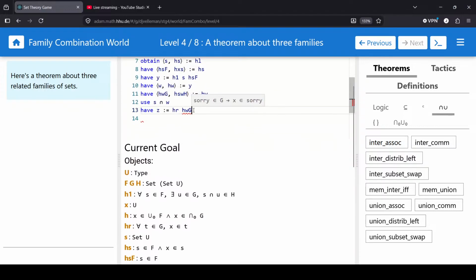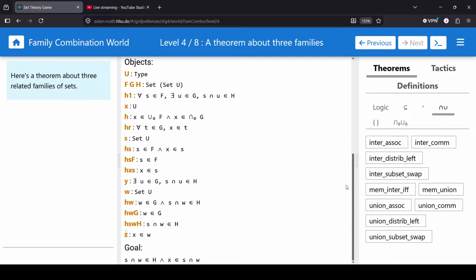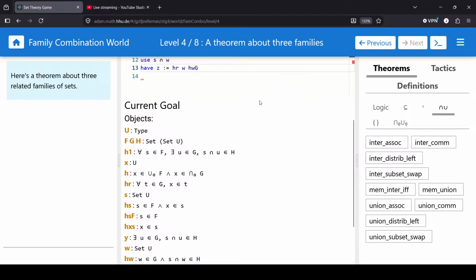I always forget how this works. Something like that, right? So we know X is in W. We know that X is in S. And now we can prove this. Okay, there we go. I see.